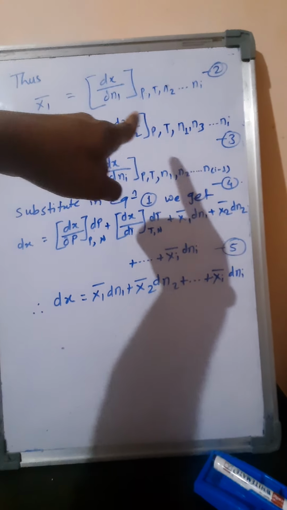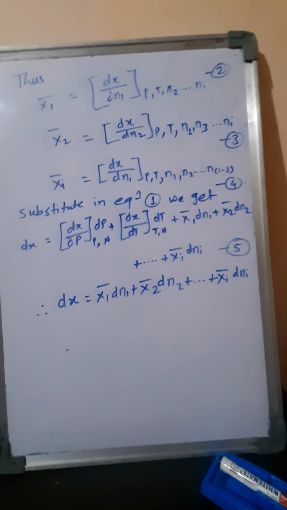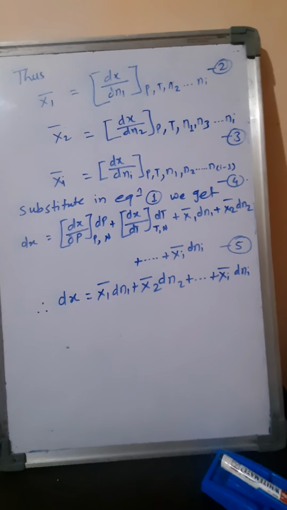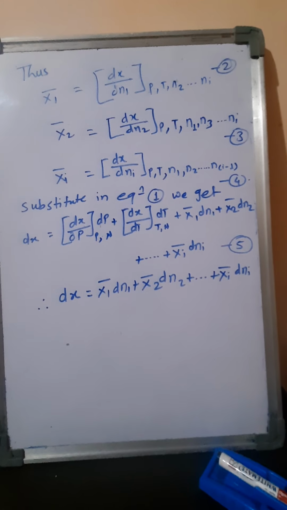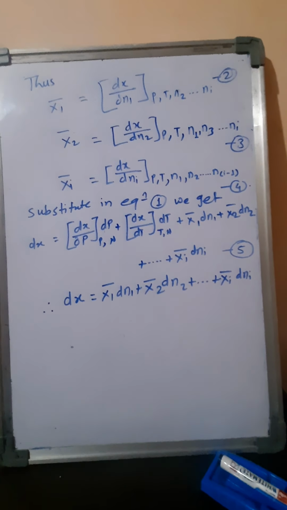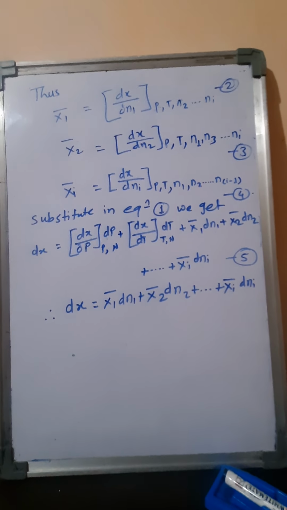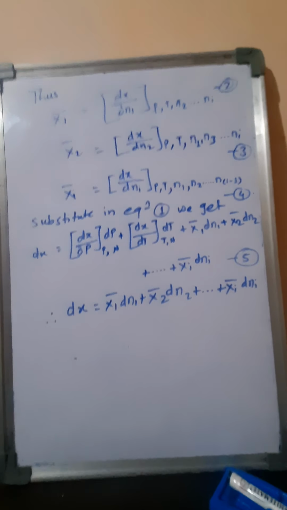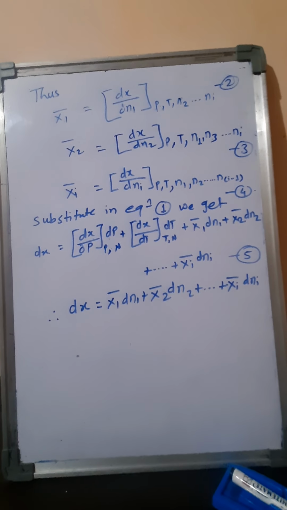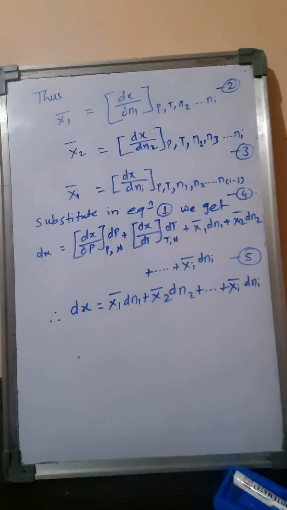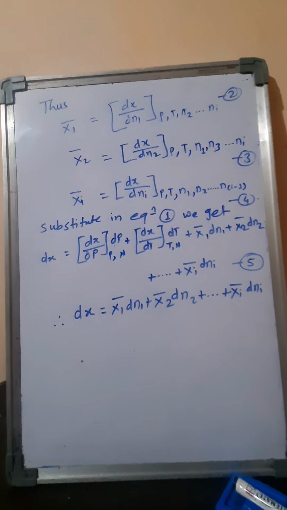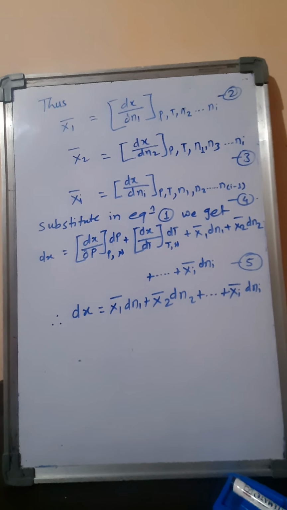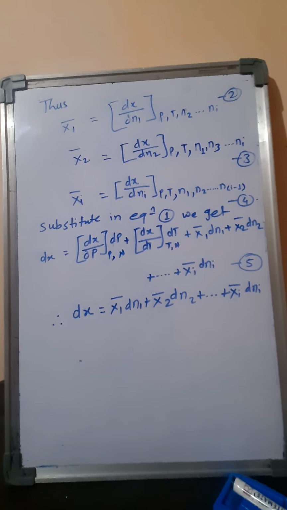From equation number 2, it can be concluded that the partial molar property signifies the change in the extensive property X of the system with the change in the number of moles of the first constituent of the system at constant pressure and temperature, when the number of moles of the other constituents remain unchanged.